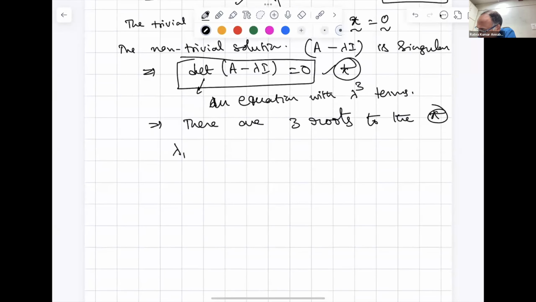That means you will have lambda 1, lambda 2, lambda 3. These 3 are called eigenvalues of A.